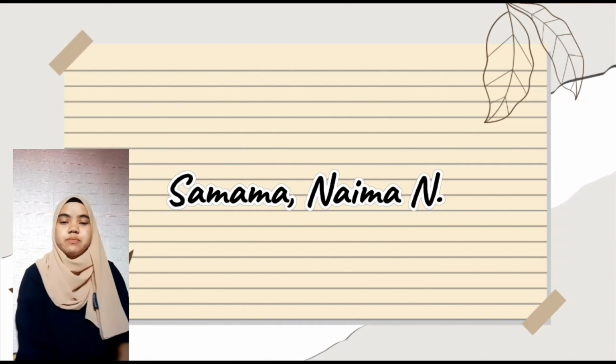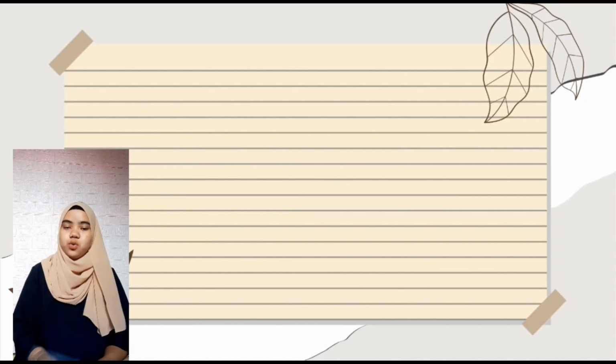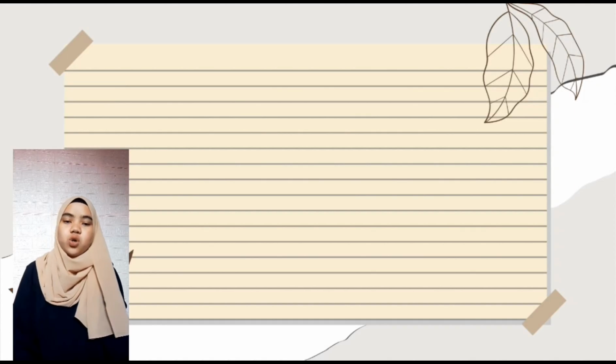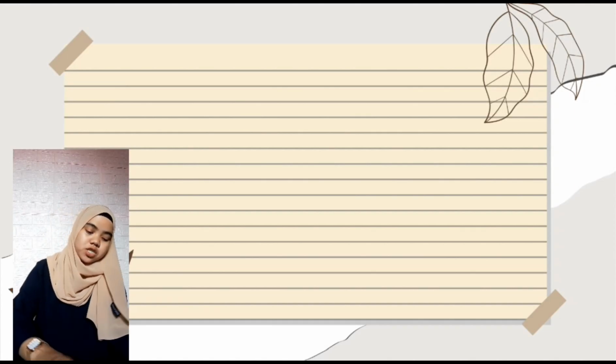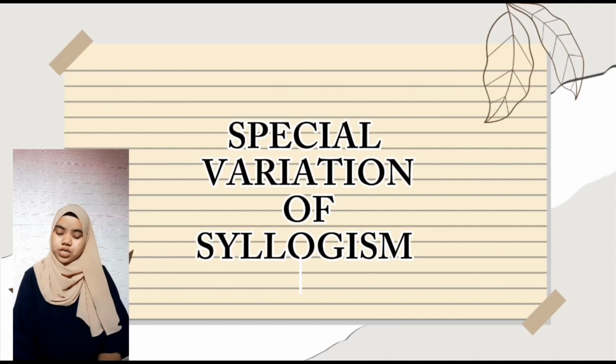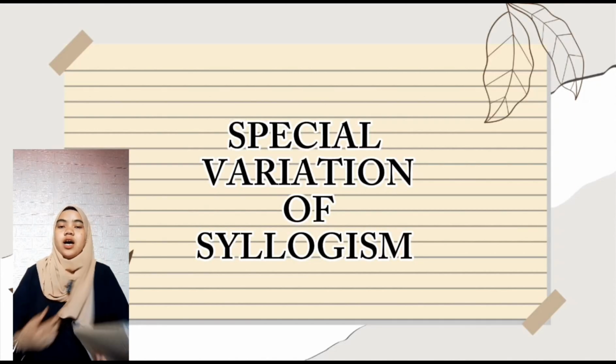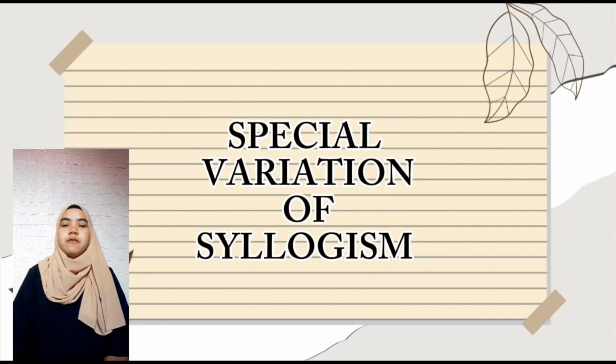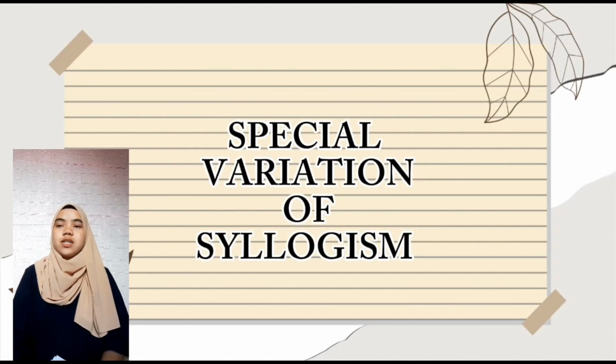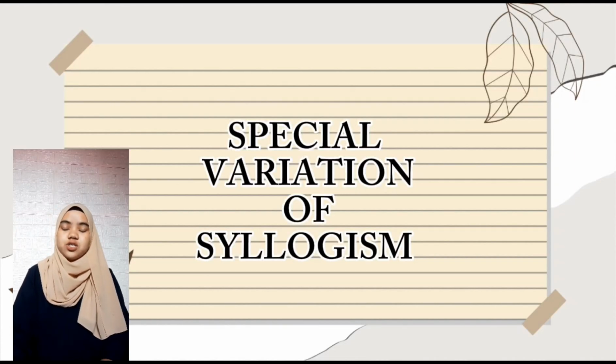So I am the last reporter in our group. My report is all about the special variation of syllogism. In the first part of the video, they discussed the categorical and hypothetical syllogism.